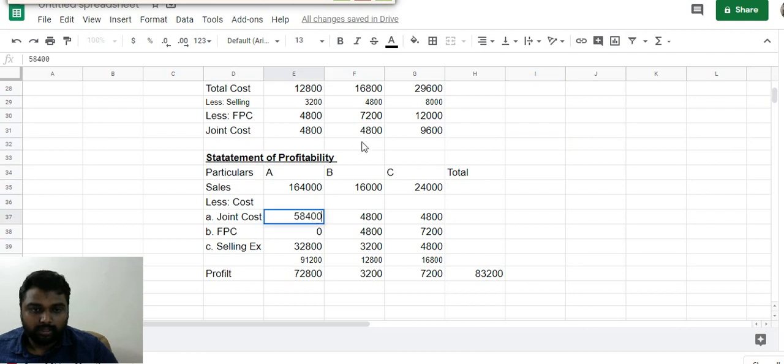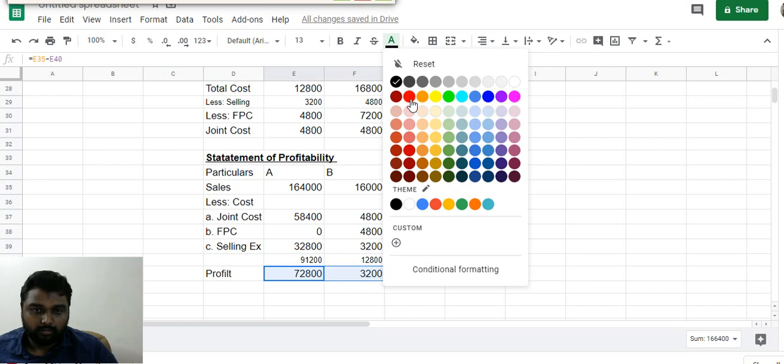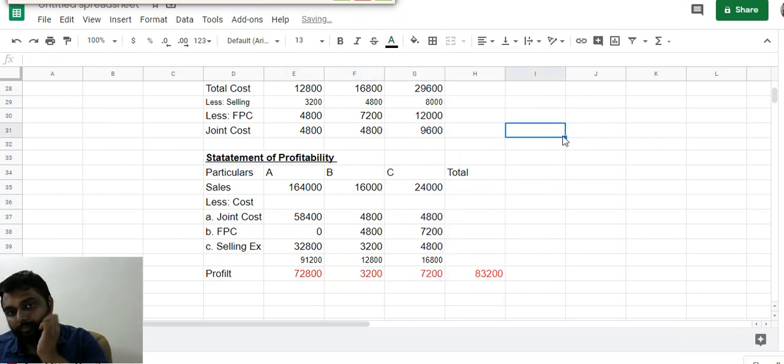So the change in joint cost here will reflect here also. So you will get this as the final answer. Copy fast. So we have done two questions.